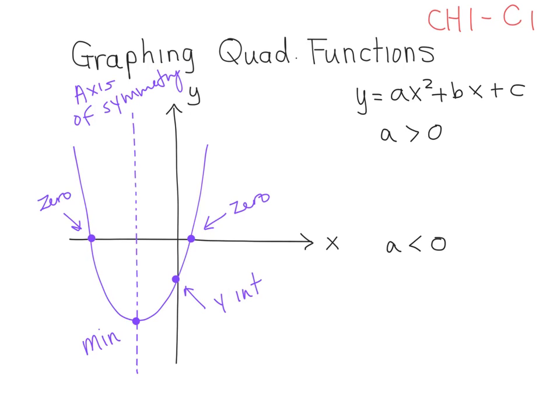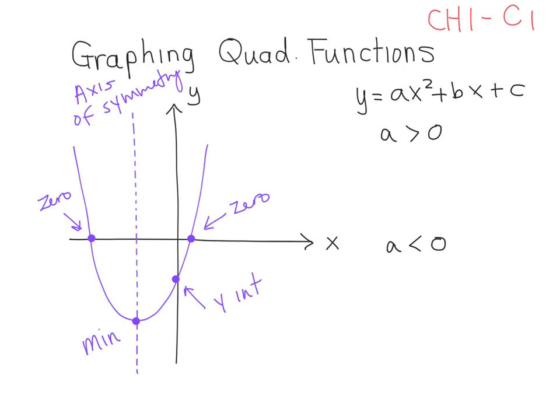The reason why it's called the axis of symmetry is because when you fold the quadratic function with respect to that line, all the values are going to match up very nicely. So it's always symmetrical, and it always has an axis of symmetry on quadratic functions.